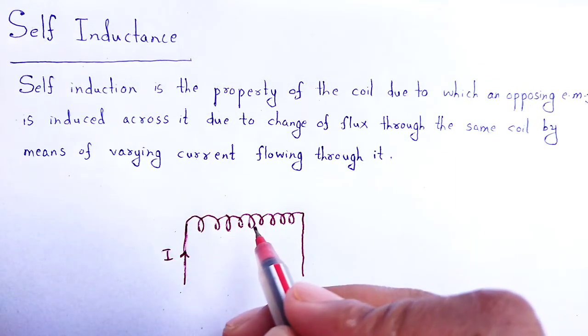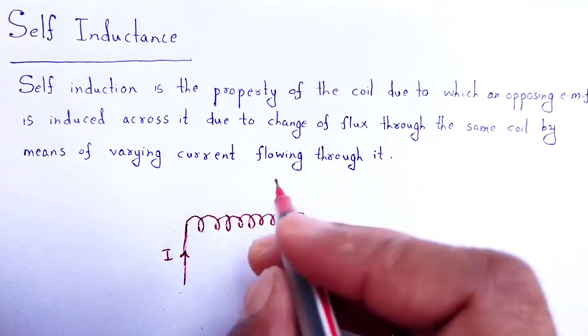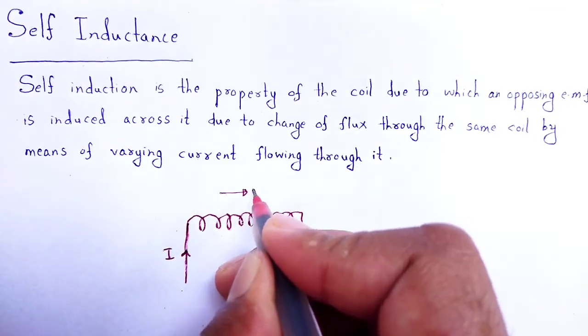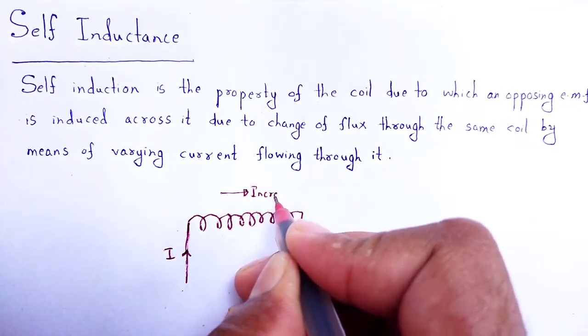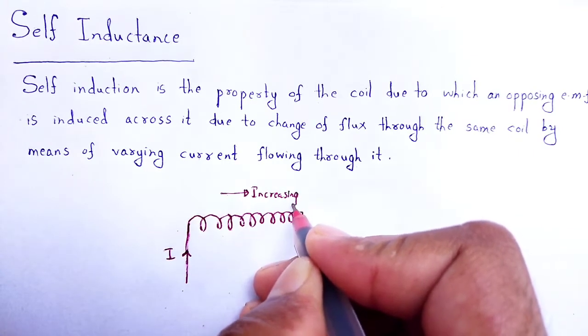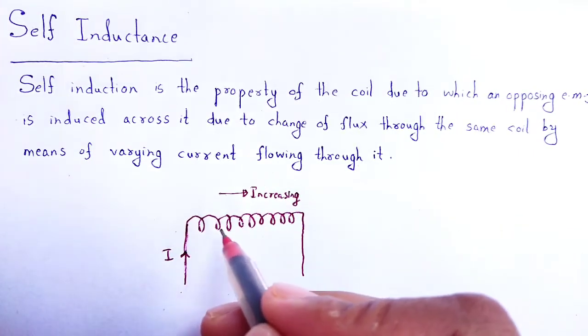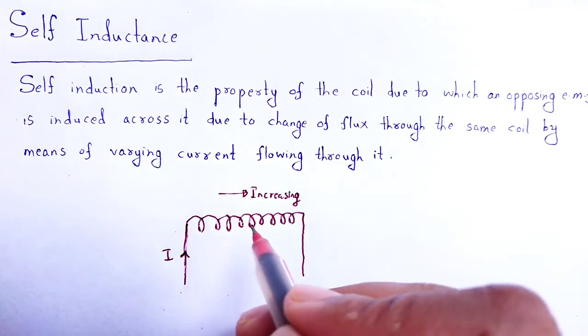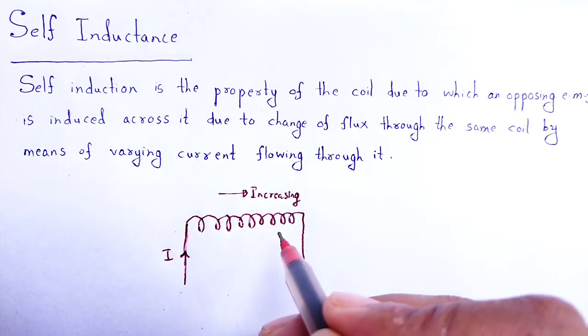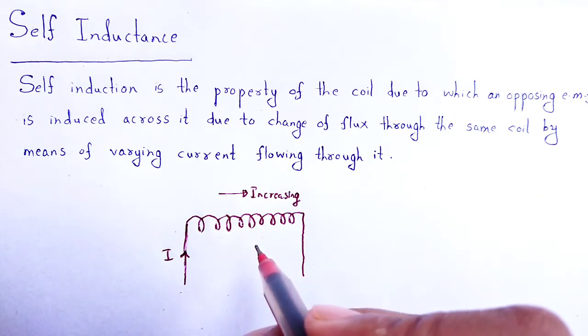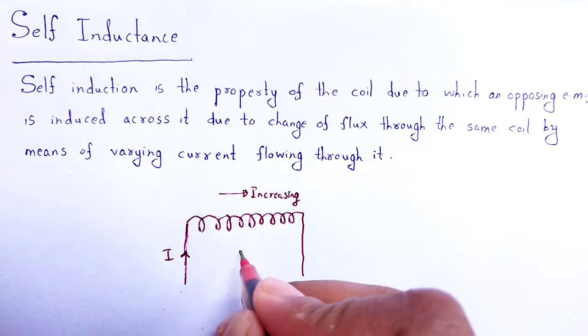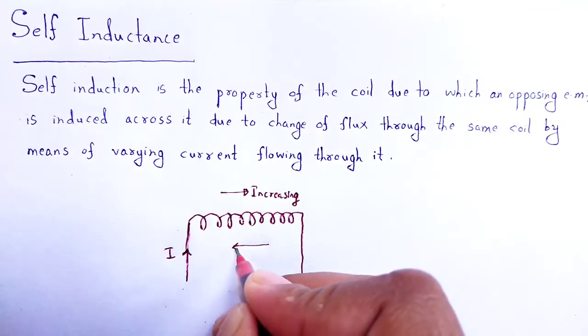If the current is increasing from 0 to maximum in a coil, then the induced EMF is against the current, the direction of the induced EMF.